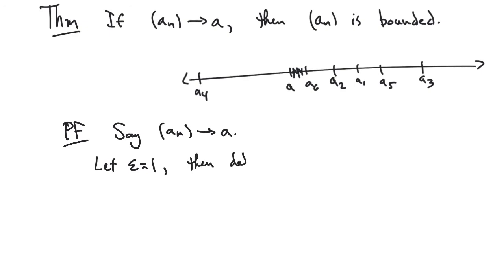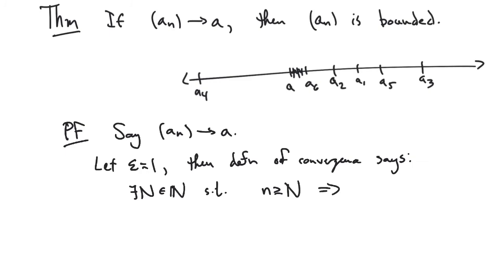Then the definition of convergence says there exists some big N, a natural number, such that n greater than or equal to the big N implies the absolute value of AN minus A is less than 1, right?